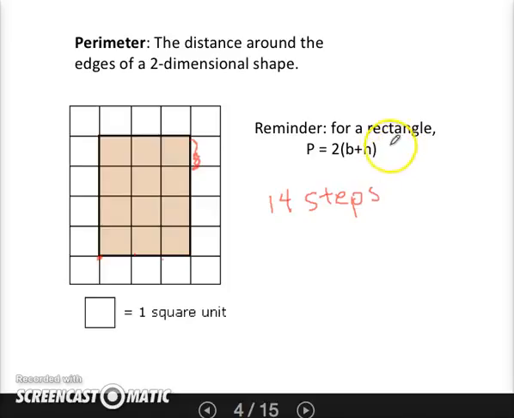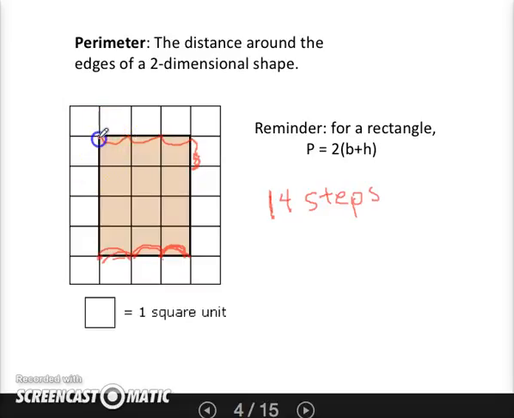So the formula for perimeter actually makes sense because what we're doing is we're counting the steps on the base 2 times, right? We're counting 3 steps for this leg of the journey and 3 more for this leg of the journey.